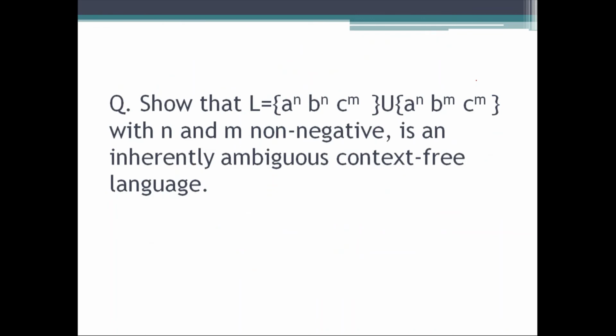Coming on to the next slide. This is your homework. For the time being, just recapitulate all the things. To solve this question, what do you have to show? All grammars should be ambiguous.